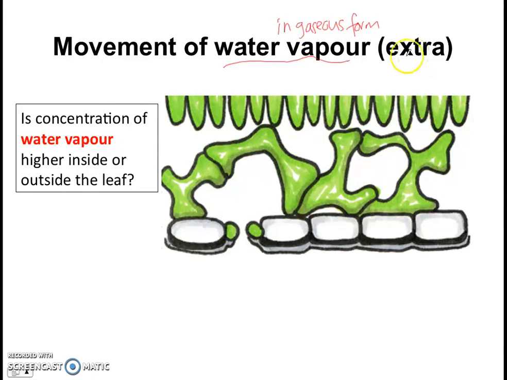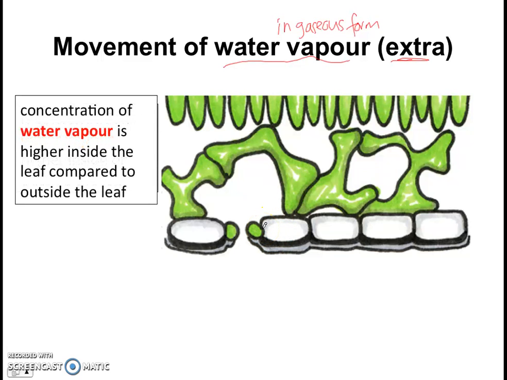And this is actually extra, but I think it's very helpful to think about it, and it'll help you for the next part. Think about, is the concentration of water vapor higher inside the leaf or outside the leaf? Well, the answer is that it's usually higher inside the leaf compared to outside the leaf.